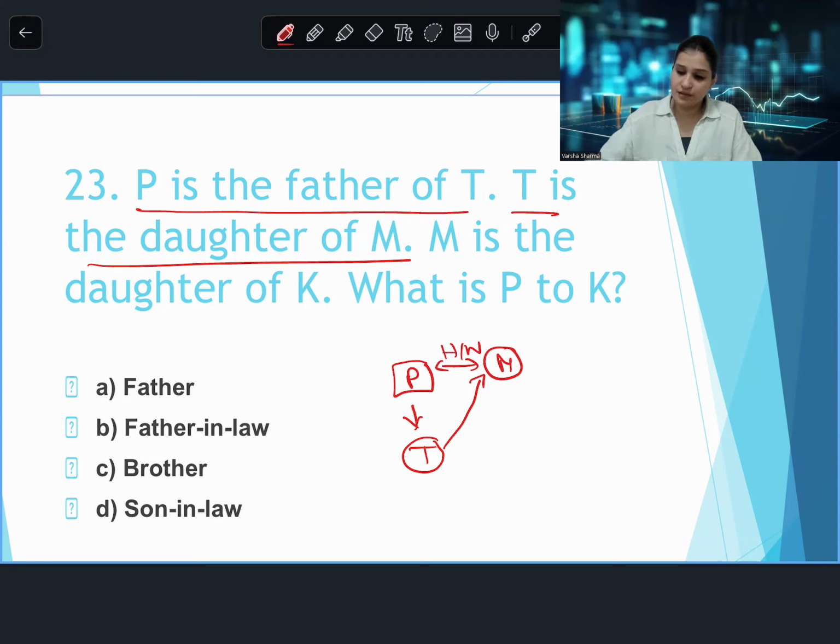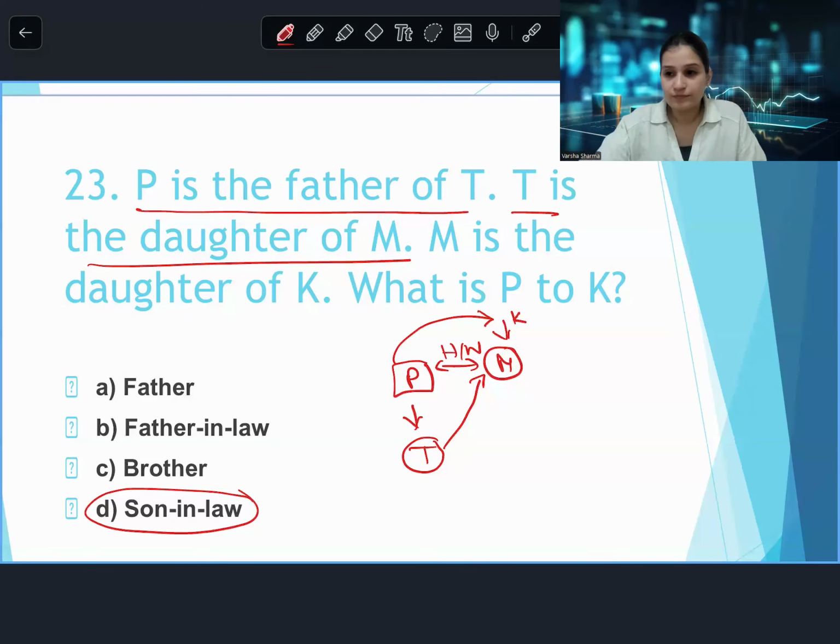M is the daughter of K. What is P to K? Son-in-law. Any doubts? No, ma'am.